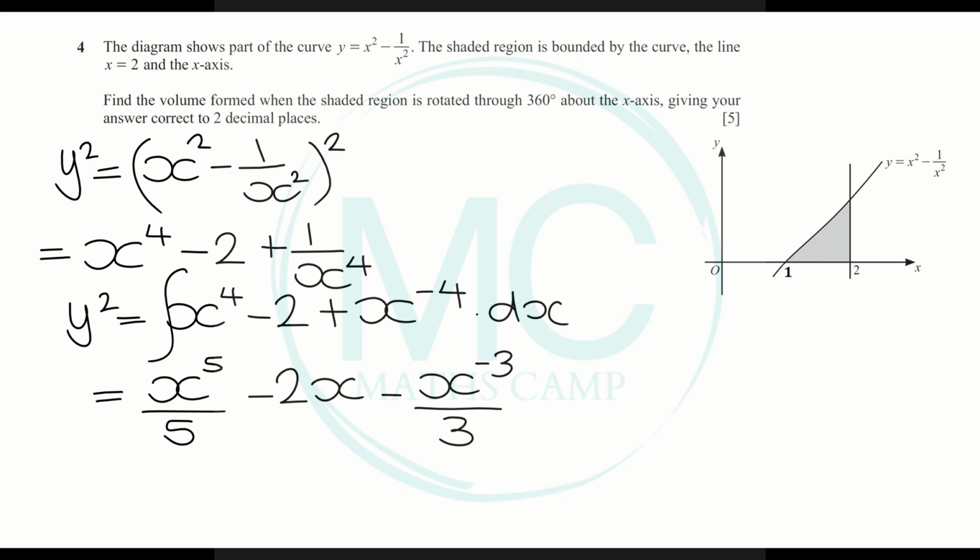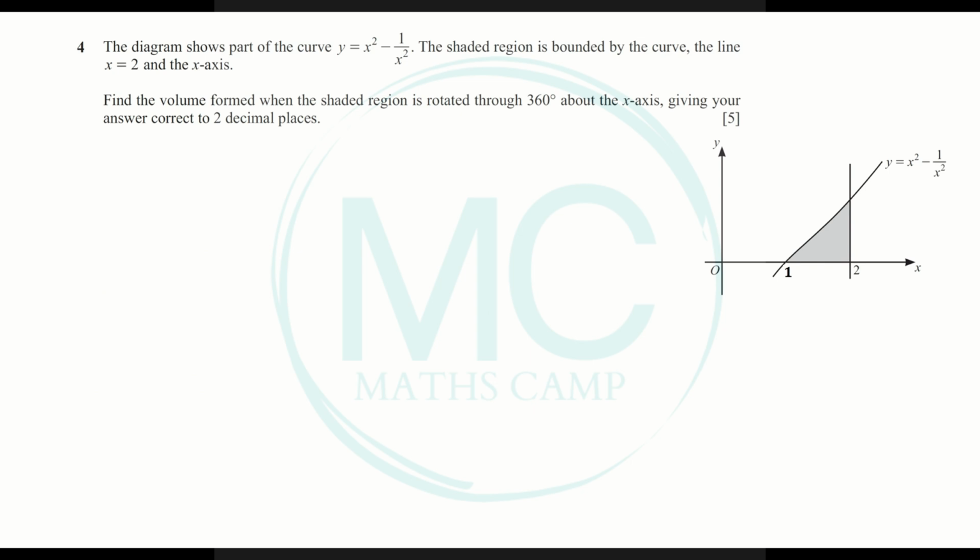Now I need to substitute my x restrictions into this equation. Let's start when x is 1. We're going to have 1 with an exponent of 5 over 5 minus 2 multiplied by 1 minus 1 with an exponent of negative 3 all over 3.